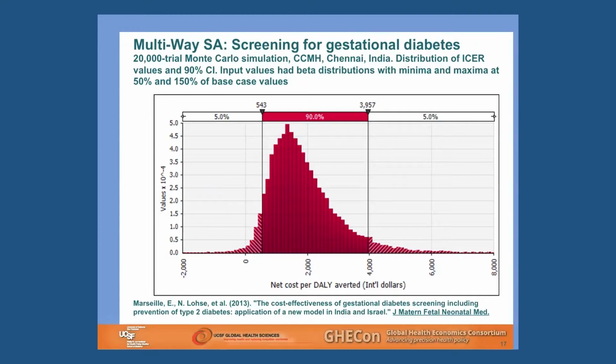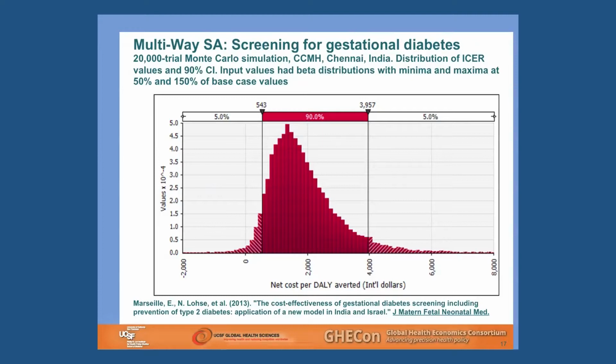It does. So if you have data from a trial, like effectiveness information from a trial, or any other published confidence intervals, you use them. Otherwise, what do you think is plausible? So in this case, we didn't have anything from a trial, and I took 50 to 150% of the base case value. And you can argue with that. You can say that's not enough, or it's too much.